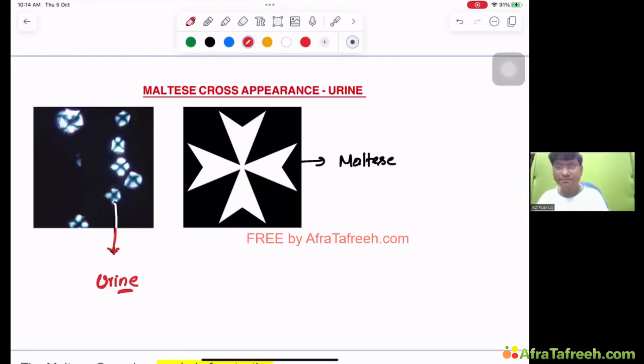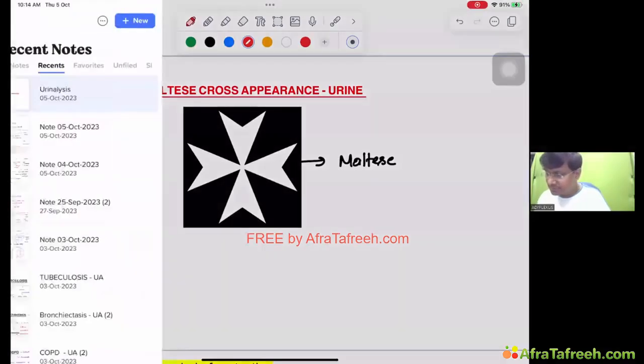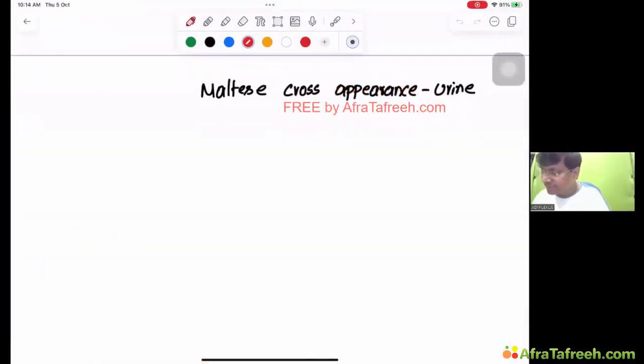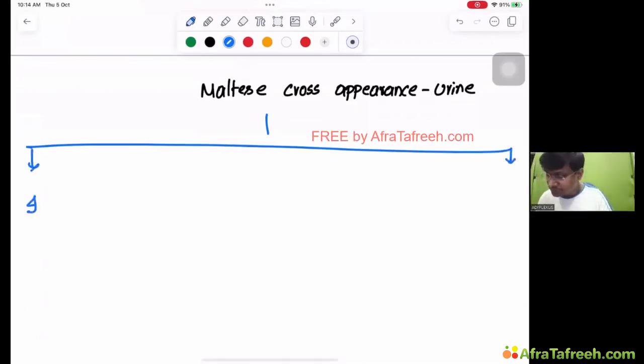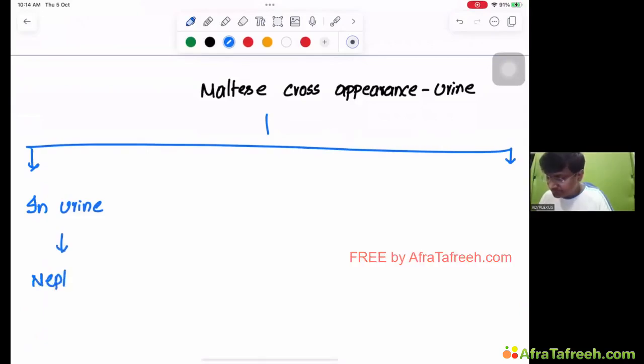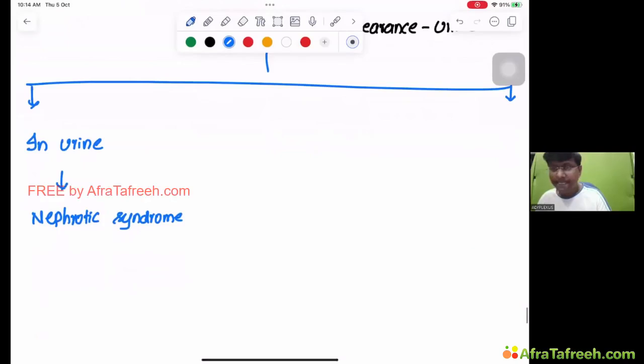Okay. Now, what are the conditions where you have the presence of Maltese cross in the urine sample? Actually, you can have this Maltese cross in multiple samples. Suppose in the urine sample, you have the Maltese cross. The conditions where you can have it are in patients with nephrotic syndrome, right?